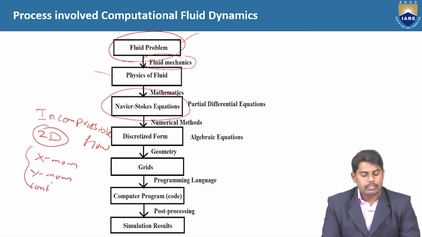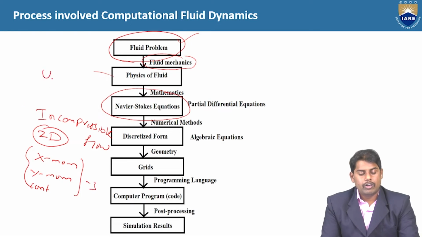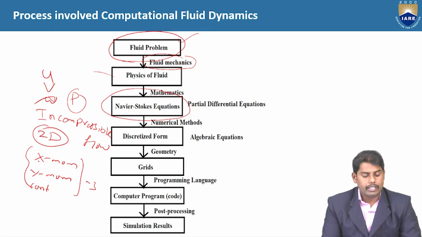So in total you have three equations, and you have variables such as u velocity, v velocity, w velocity, and pressure. Here w is neglected, so therefore u, v, and p. You have three variables and three equations, so you can solve these equations.